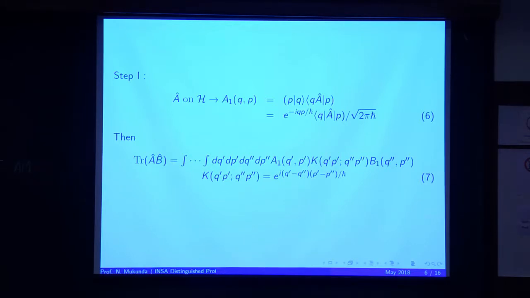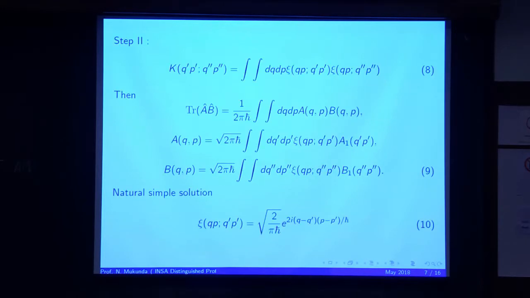The next step is the one which is a little bit non-trivial. Is there a way to somehow remove the kernel K which appears in the trace formula? Suppose you are able to write capital K in such a form in terms of something simpler than K. I denote it by psi, and I have written it here.